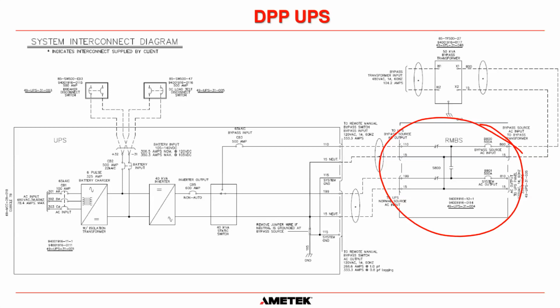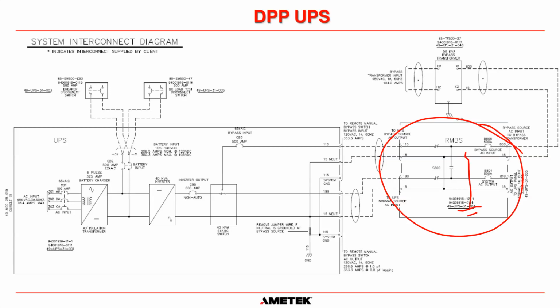So what's going to be replaced more often? Is it going to be an RMBS or is it going to be a bypass transformer? That's a 50-50 shout. I can't tell you which one it's going to be, but some people do choose to connect the neutral to ground within the RMBS.